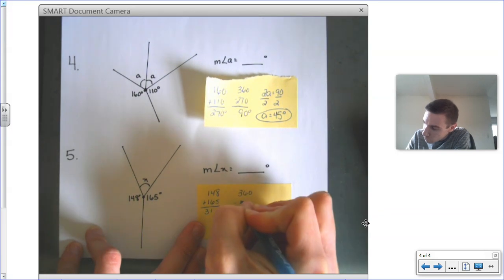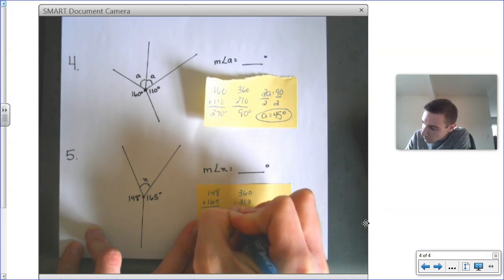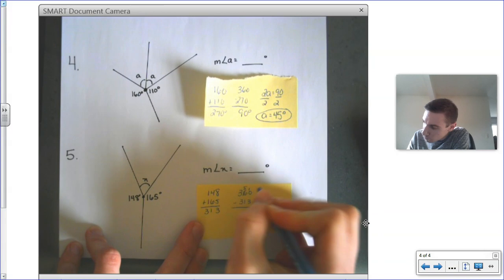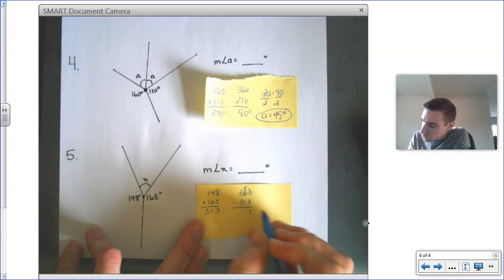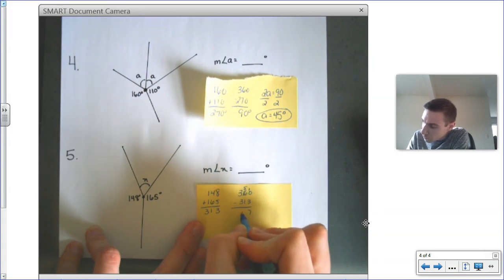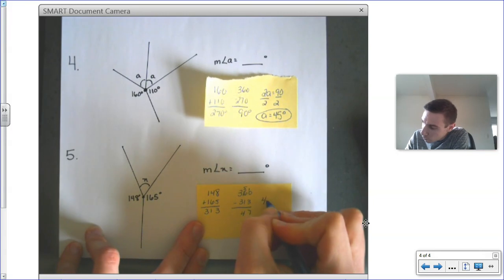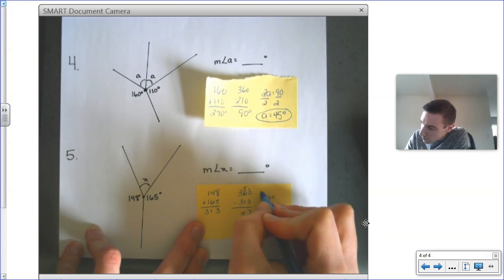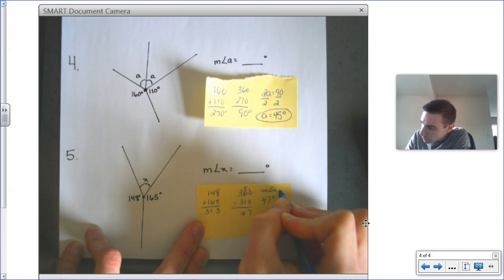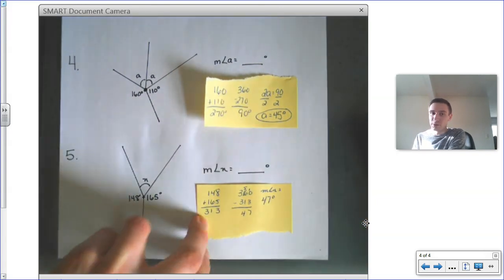And then subtracting from 360 degrees, do some borrowing for us. So I have 10 minus 3 is 7, 5 minus 1 is 4. So the measure of angle N equals 47 degrees.